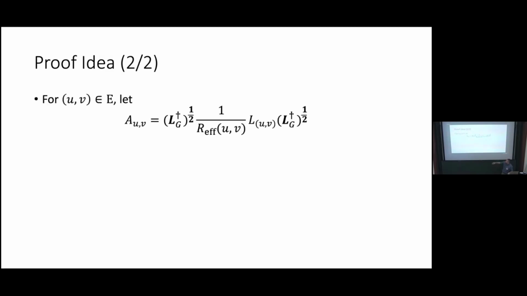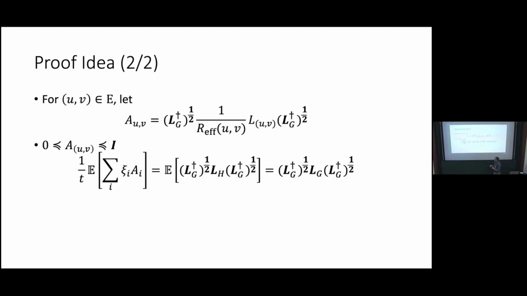Then for every edge we define this matrix, which is just the small Laplacian matrix that we defined for every edge, but normalized in some way, so that this matrix is positive and, after the normalization, is always smaller or equal than the identity. The idea is just that an edge is smaller or equal than the entire graph.